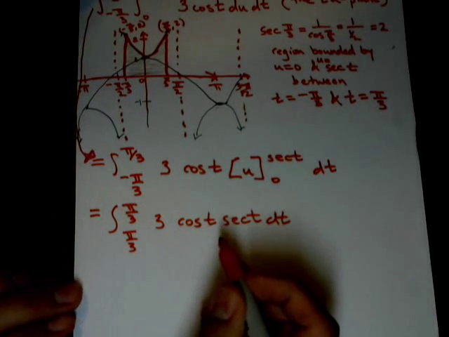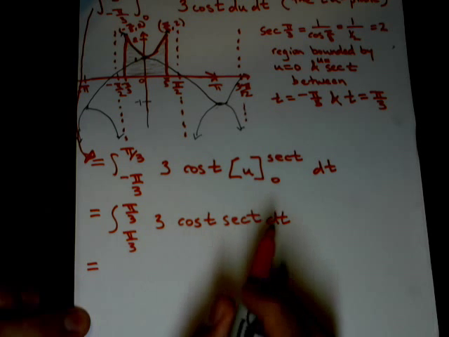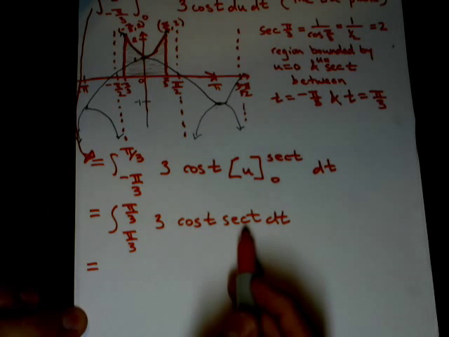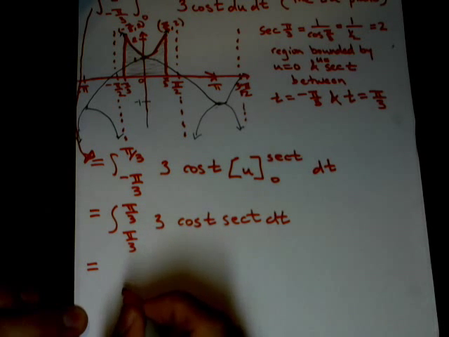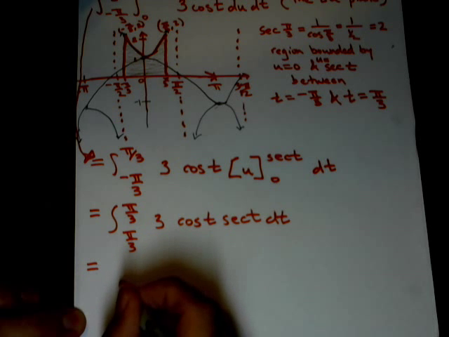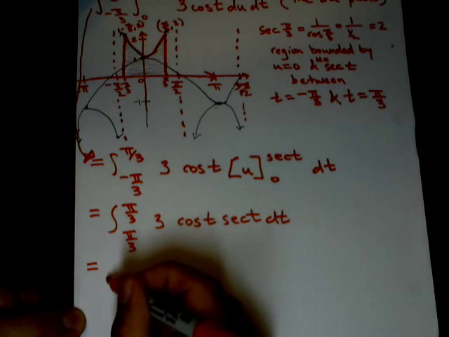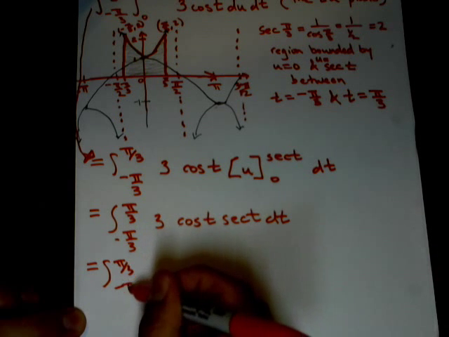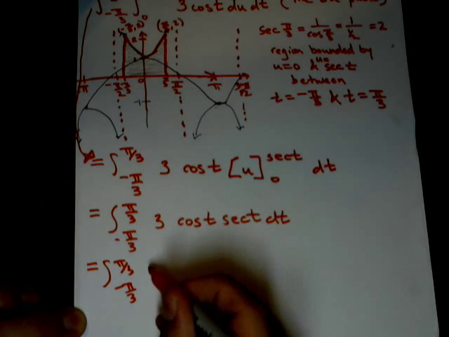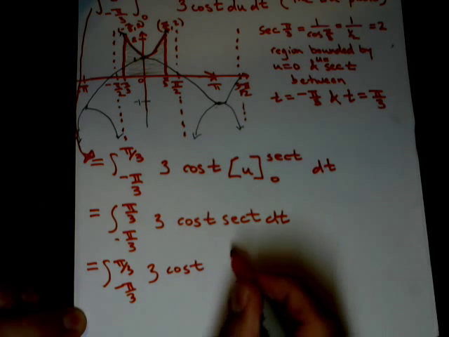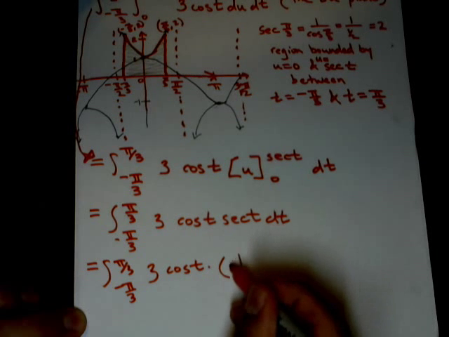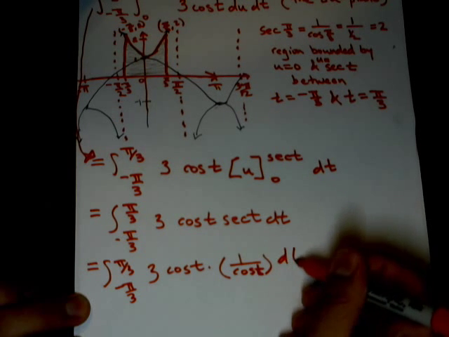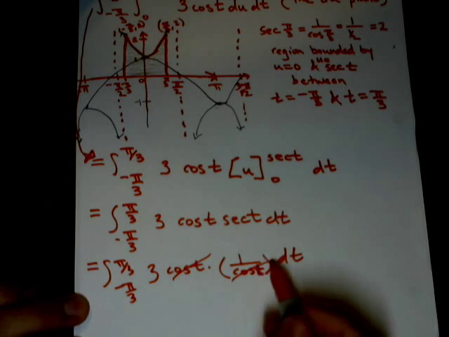And if we remember our trig functions, this secant t is 1 over cosine t, so it's gonna be nice, and it's gonna simplify our mathematics a whole lot. So this is gonna give us, with the minus sign right there, minus pi over 3, 3 cosine t, and our secant right here is 1 over cosine t, times the differential dt, and these cosines are going to cancel out.